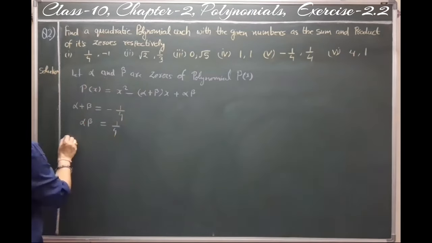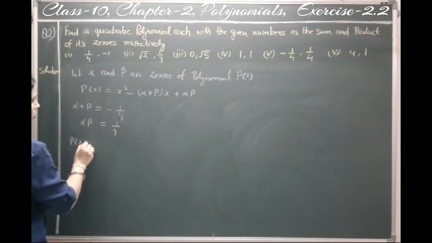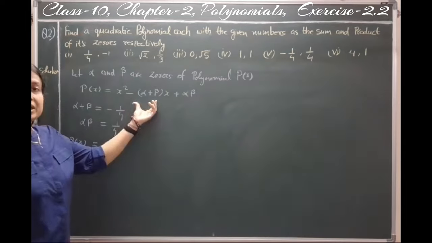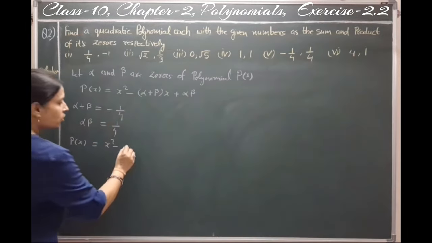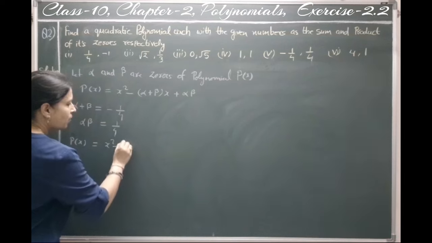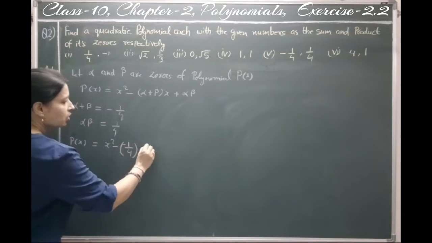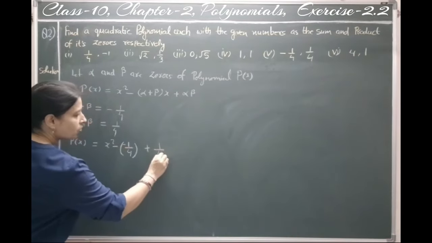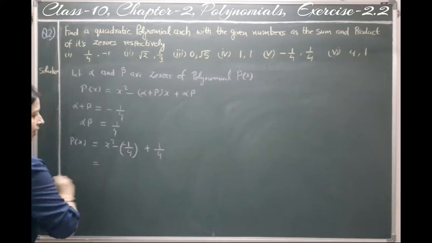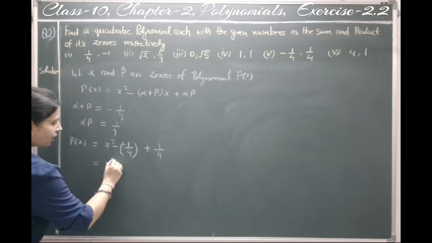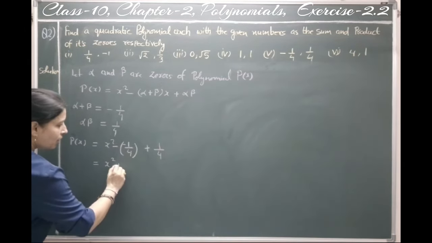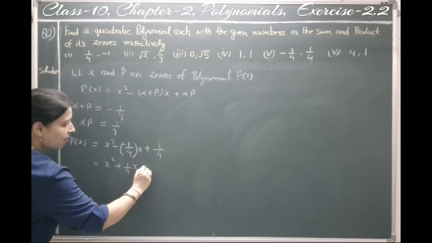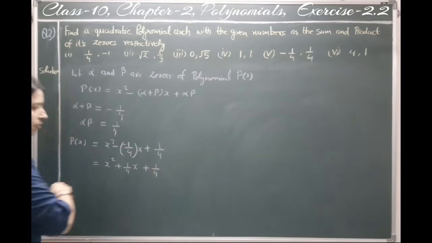We get p(x) = x² - (alpha + beta), which is given as -1/4. So write here -1/4, plus alpha beta, which is given as 1/4. So write 1/4. So x² minus and minus becomes plus 1/4 x plus 1/4.